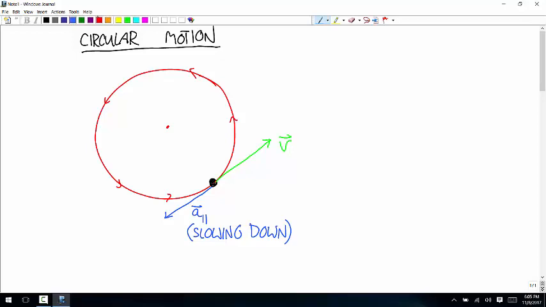And the perpendicular part of the acceleration is towards the center. And then the total acceleration is just equal to the parallel part plus the perpendicular part.